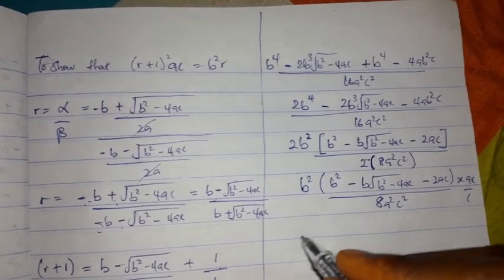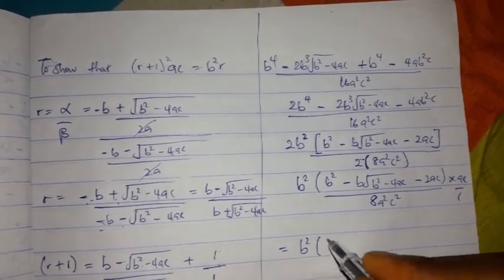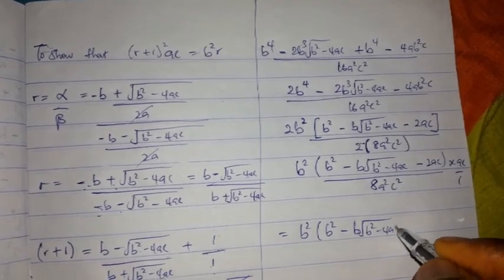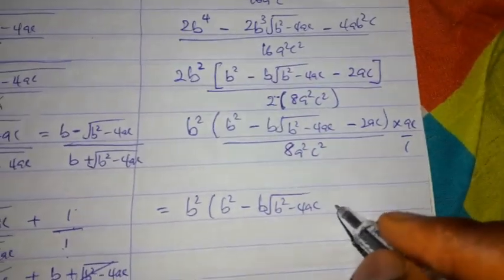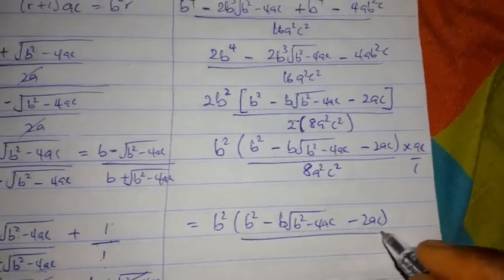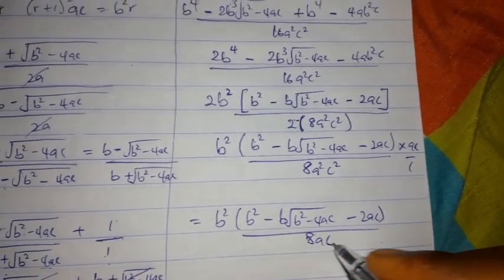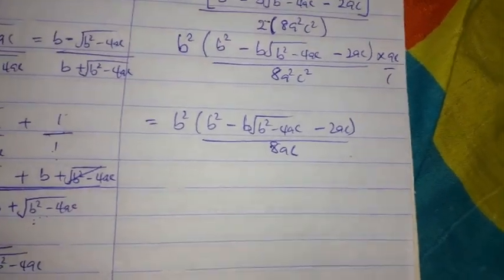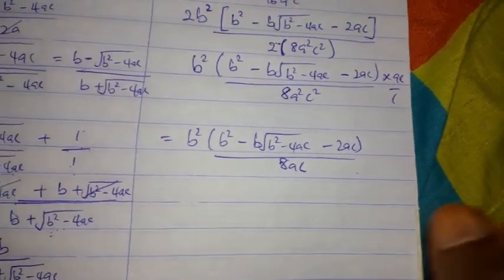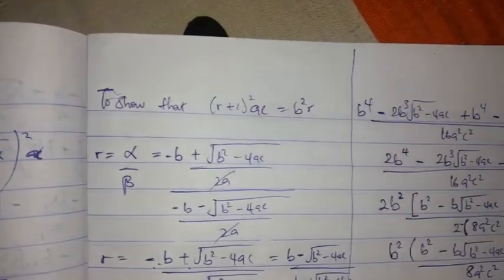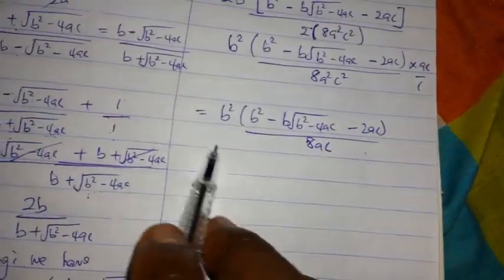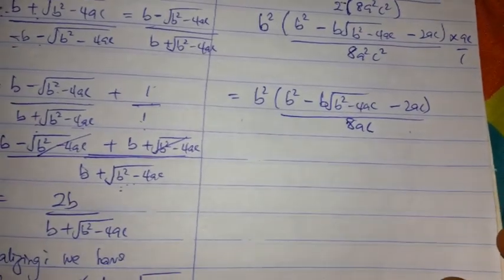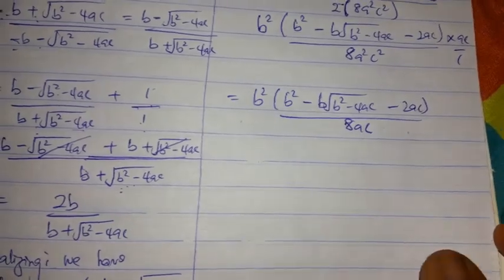So leaving my answer to be what? b squared into b squared minus b the square root of b squared minus 4ac minus 2ac all over 8ac. And from here, this is what I actually have. So if they say I'm to prove that is equals to b squared r, I already have my b squared, so this possibly should be my r squared and my r in that case then.